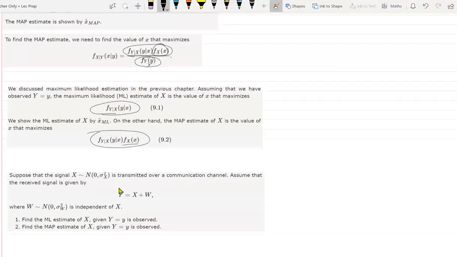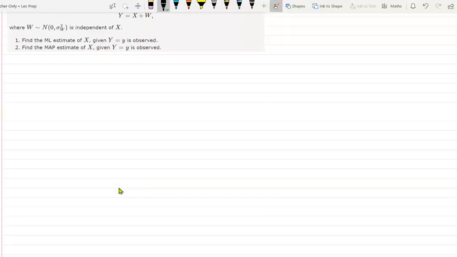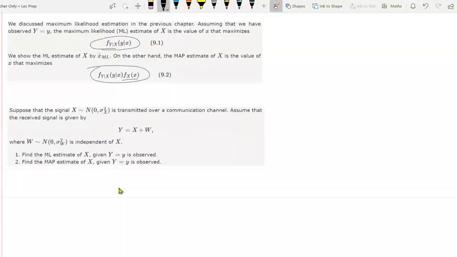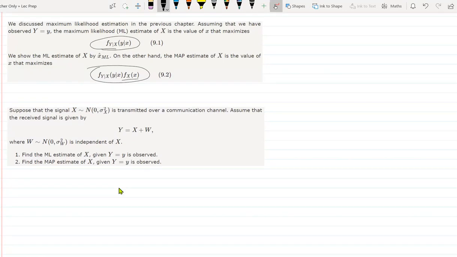Okay, so let's do an example. You are given a signal X. You have already seen some examples like this. There is some channel, and let's say I am sending X to you. You have some prior information about the X I am going to send.